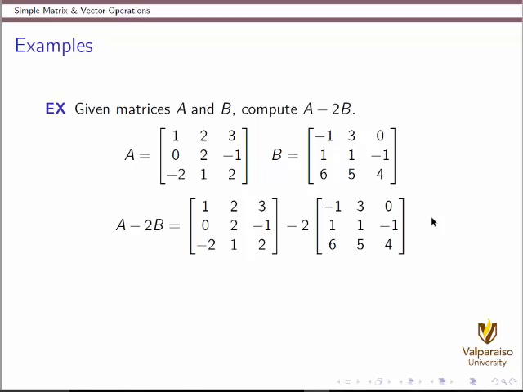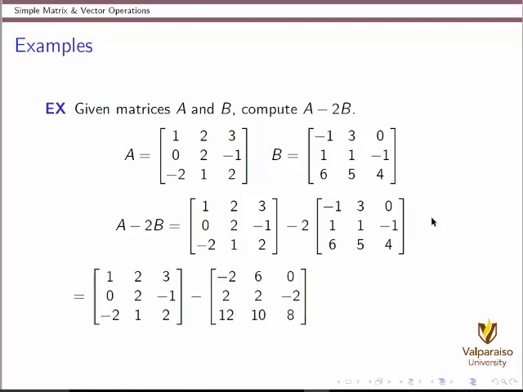So there we set it up: A minus 2 times B. There we've completed doing 2 times B. The minus sign is still waiting on the outside, but every entry in the second matrix is now doubled, and now we're just going to go through entry by entry and do the subtraction. So 1 minus negative 2 for the upper left, say 2 minus 8 for the lower right, and so on. And when you've done it for all the entries, there is your result. Make sure that you can go through and reproduce all those numbers and tell me about any mistakes that I've made.